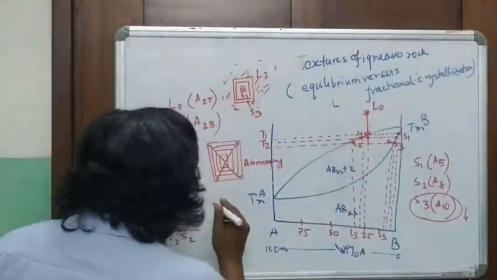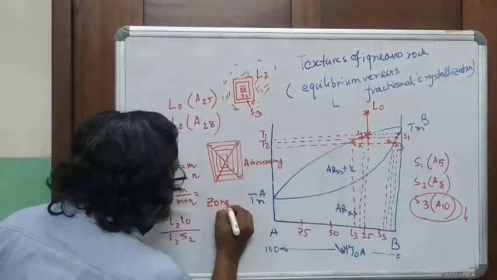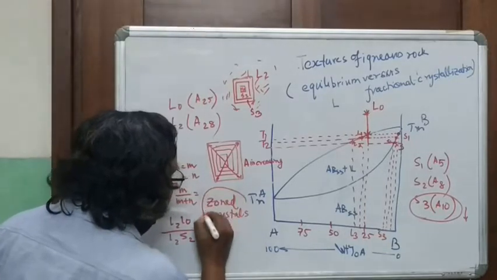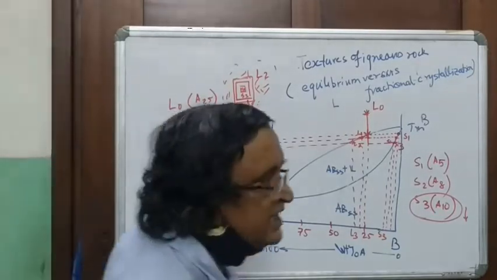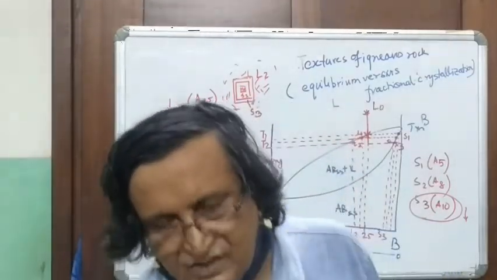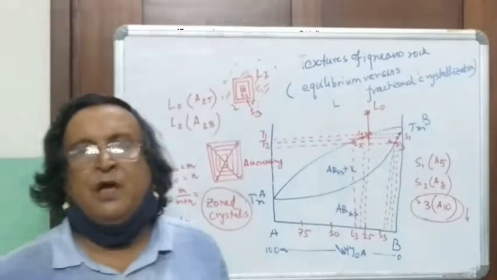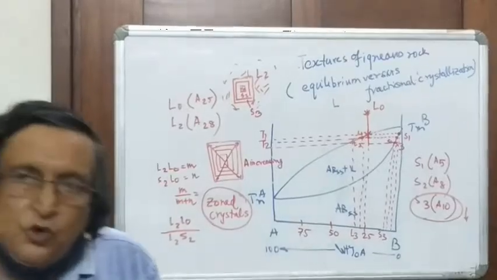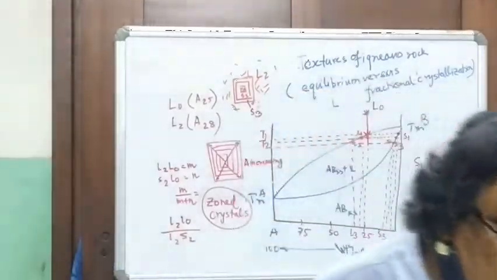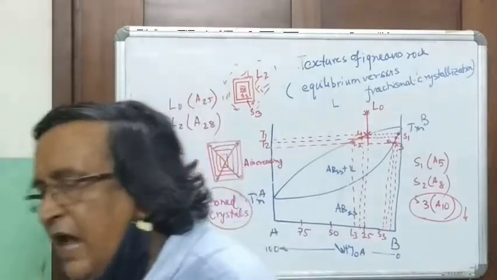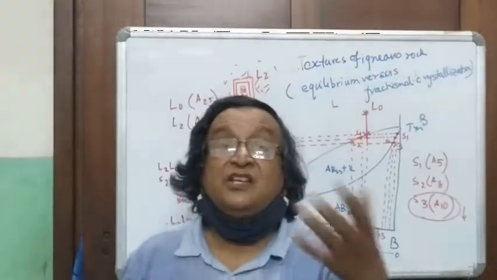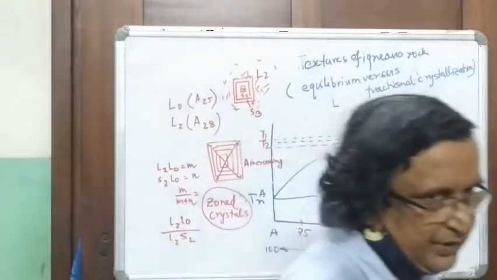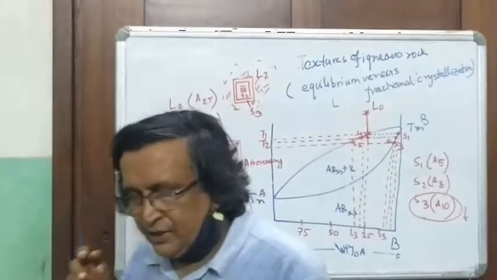These are called zoned crystals. Zoned crystals are typically formed by crystal fractionation processes. And crystals that do not show zoning are formed by equilibrium crystallization processes. Have you understood it? This is very, very crucial.